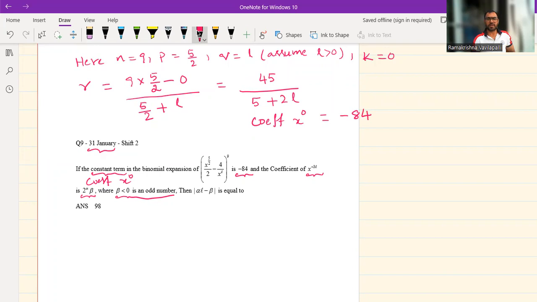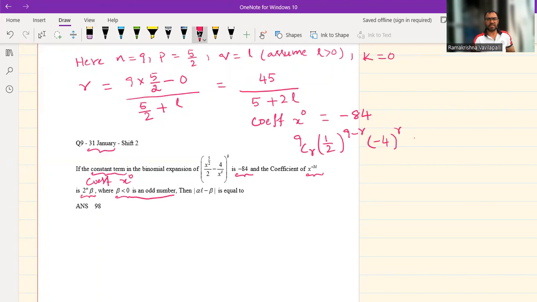Which means that it happens at the (r plus 1)th term. So 9CR, this is (1 by 2) whole to the power of 9 minus r, the coefficient of x power 0, and (minus 4) whole to the power of r.